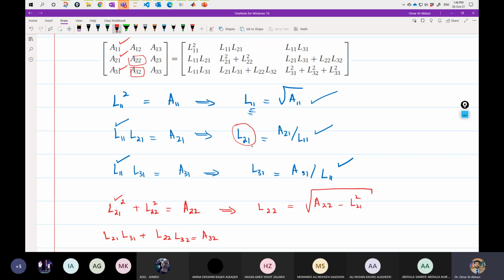Yes, known. L31, is it known? Yes. L22, also known, we just found it. This is the only unknown. L32 equals A32 minus L21 L31, correct? Divided by L22.